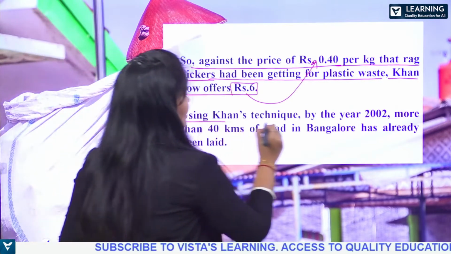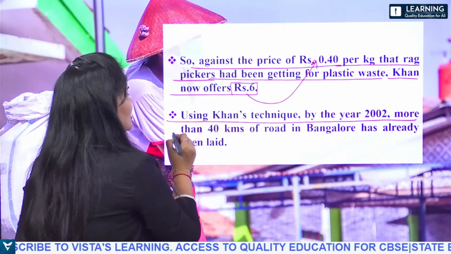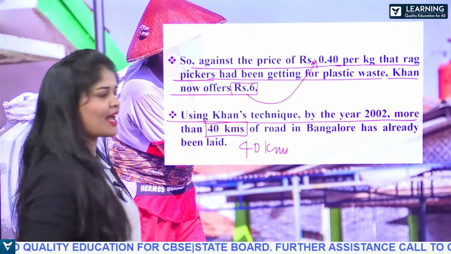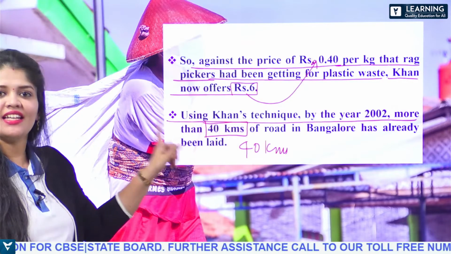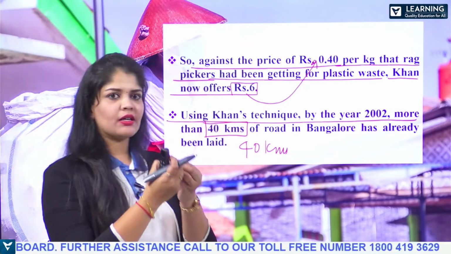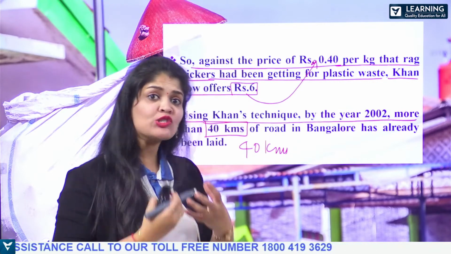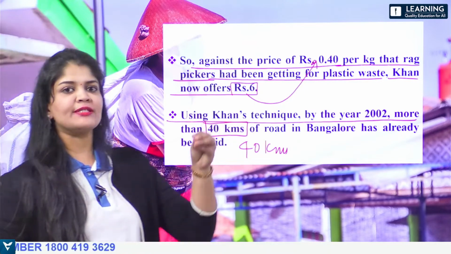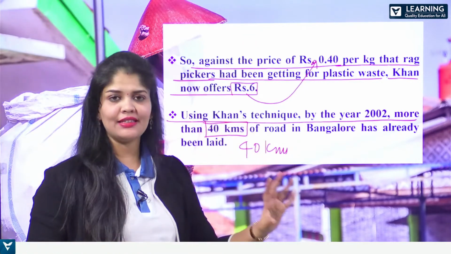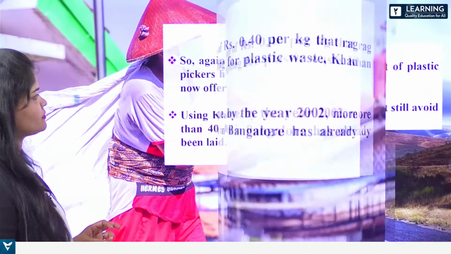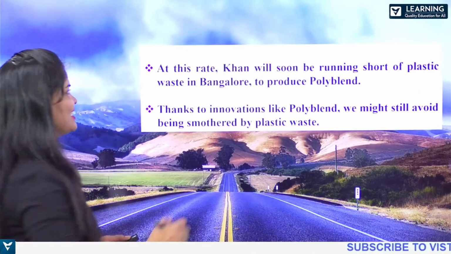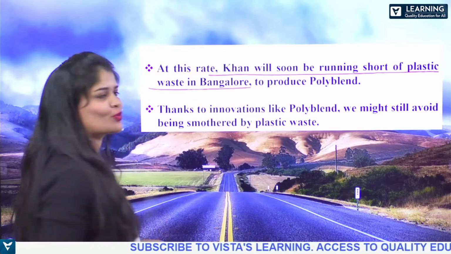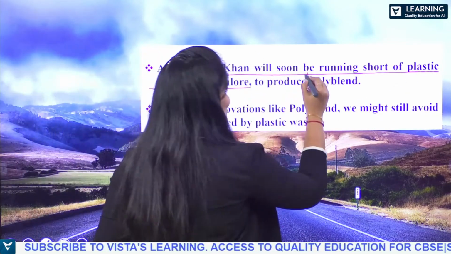Using Khan's technique, by the year 2002, more than 40 kilometers of road in Bangalore had already been laid, and the water repelling capacity of the bitumen has been enhanced by the blend. At this rate, Khan will soon be running short of plastic waste in Bangalore to produce polyblend.